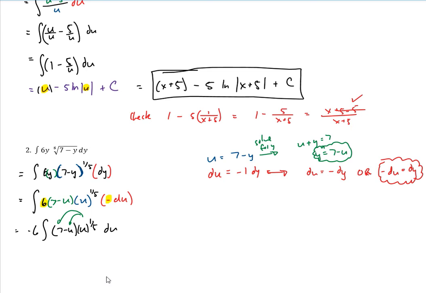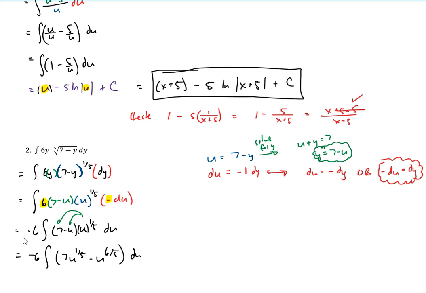So this solo 1/5 powered u can distribute, and it just uses the rules for multiplying like bases. So we have -6 integral. We have 7 u to the 1/5. And then minus u. This would be to the 6/5 because the powers would add like that. So 6/5 and then du is just attached.